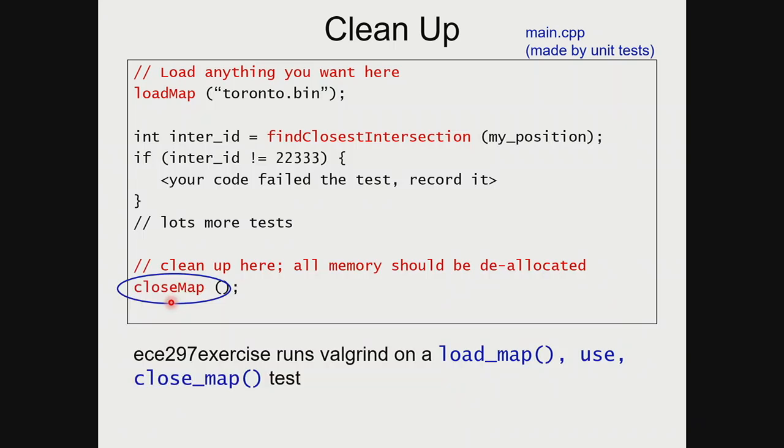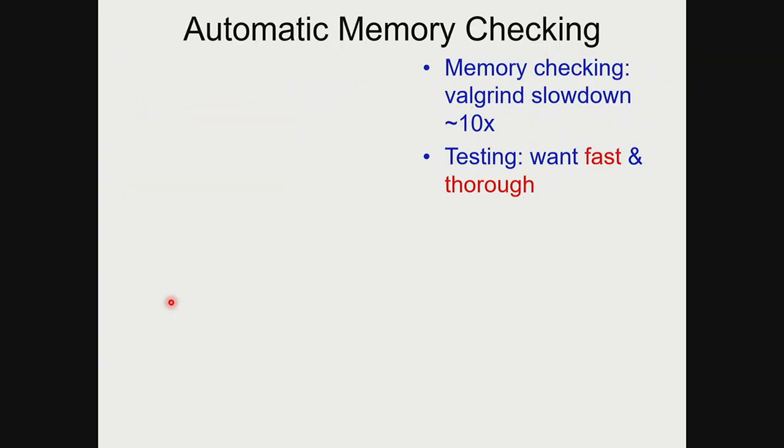To make sure that you are actually doing that, we have a Valgrind unit test that will run Valgrind and make sure that there are no memory leaks and that your memory usage is reasonable. So remember, you must free all the memory that you've created inside load map by deleting everything inside close map. Otherwise, you'll probably lose marks because we will test against this.